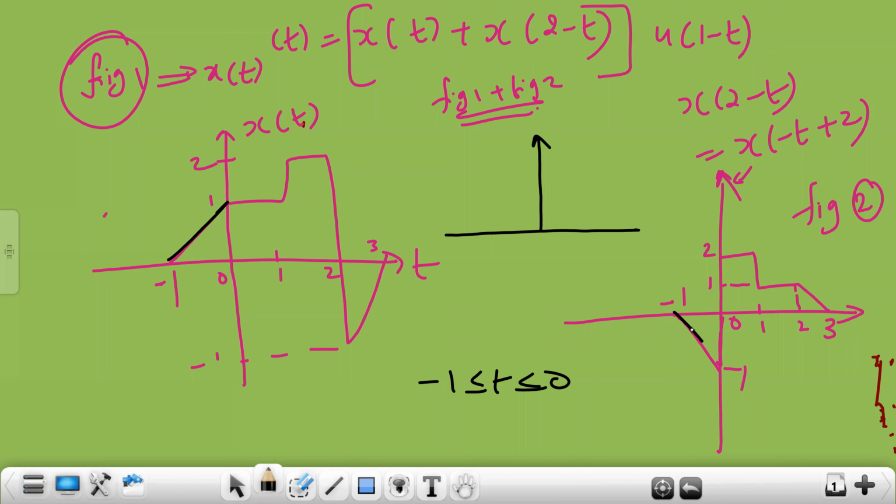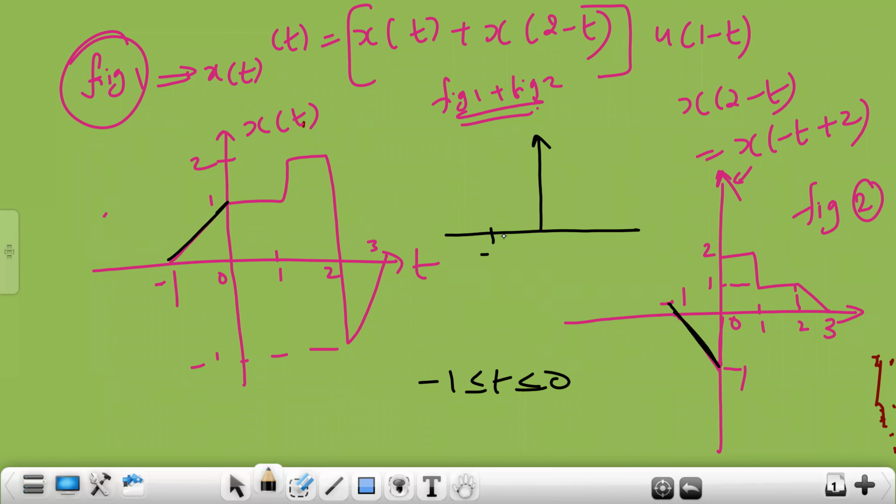When you add these two, what will be the answer? Anybody? It is 0, because there are two symmetrical waveforms of opposite amplitude. One is of amplitude 1, the other of amplitude -1. So if you add these two parts of the graph, the answer will be 0. In the interval -1 to 0, you don't have any signal, so you plot on the x-axis itself.